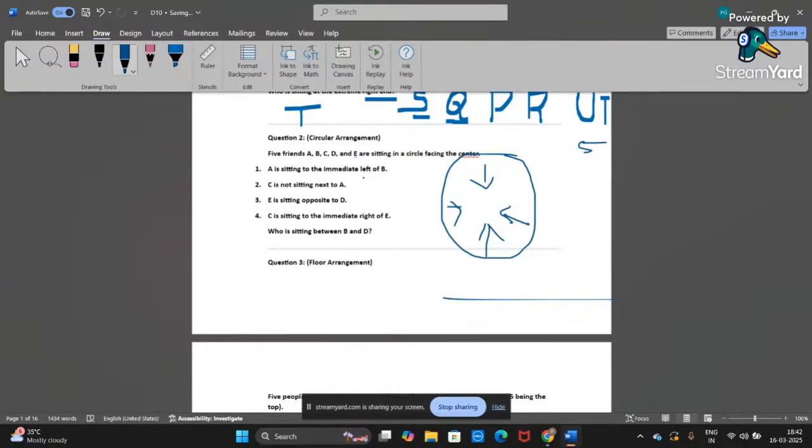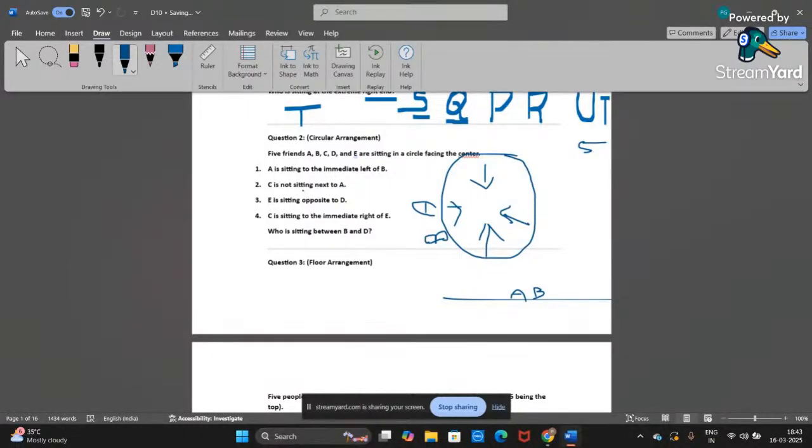A is sitting to the immediate left of B. If A is here, B's left side means B will be here. Because they are facing towards the center.